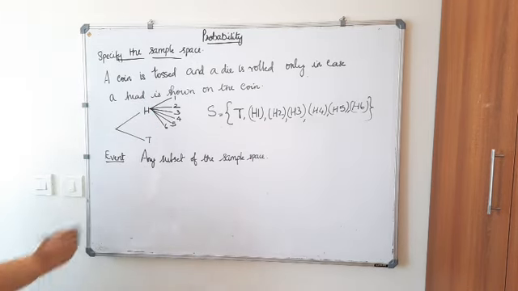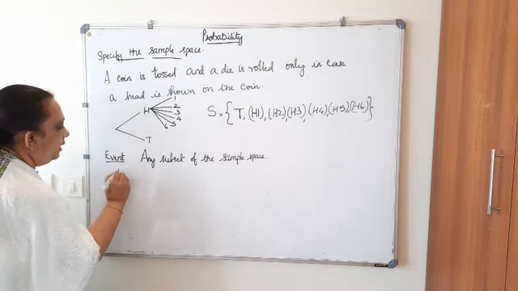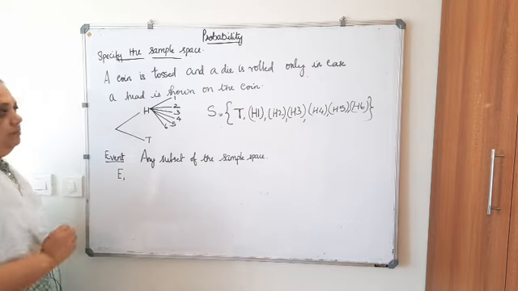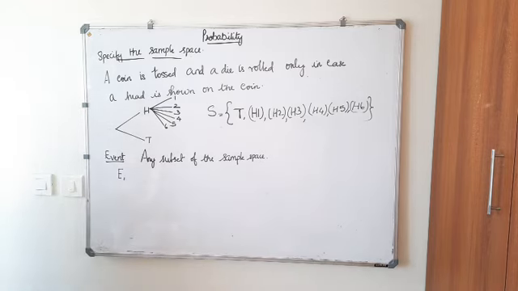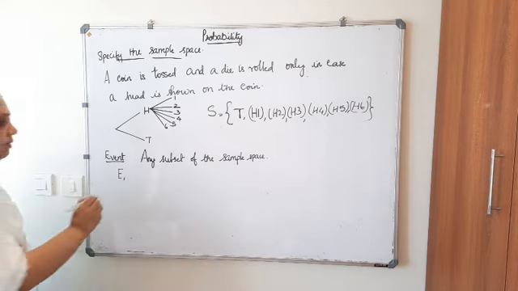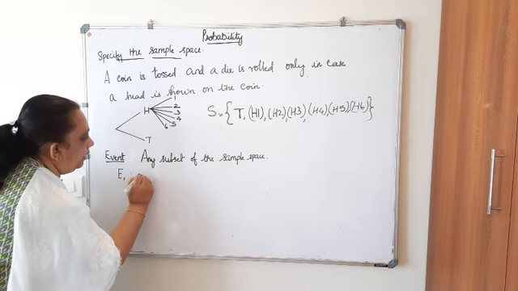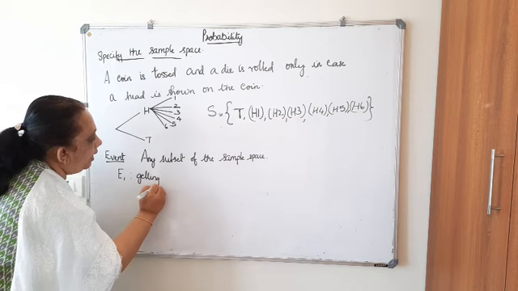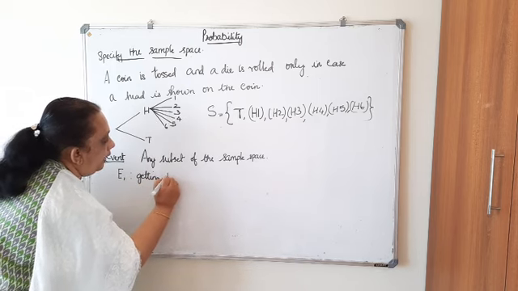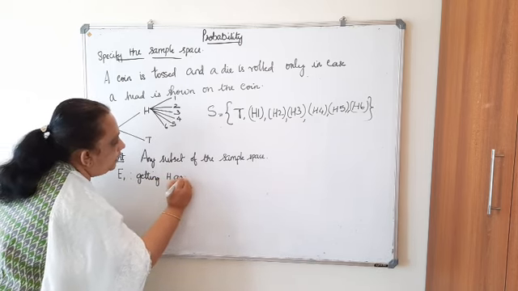So here the event can be E1, getting a head and an even number, in the above example.